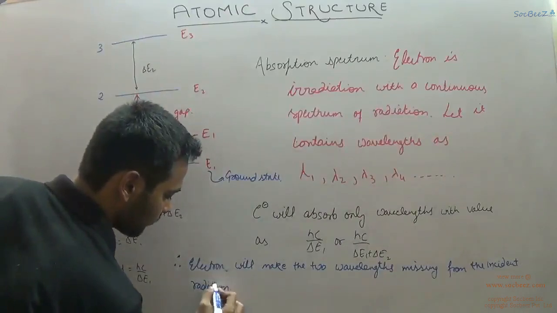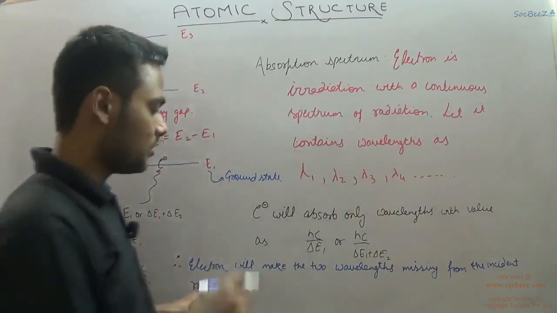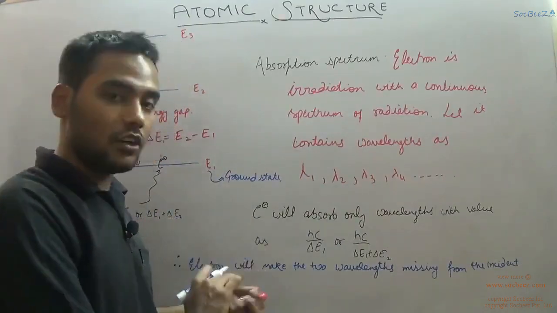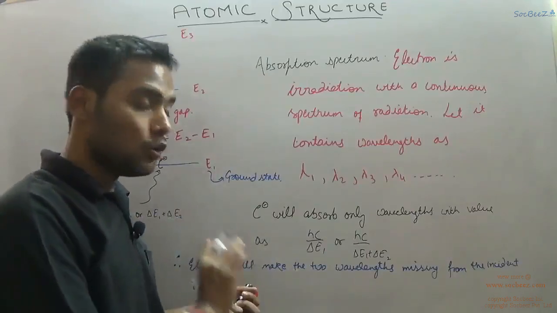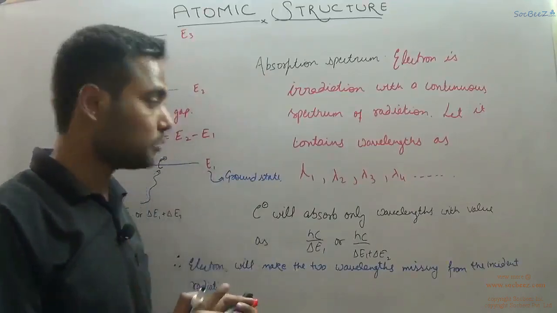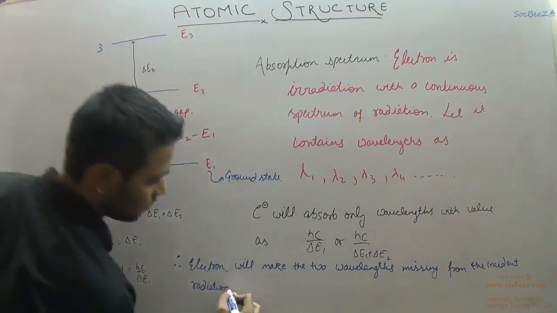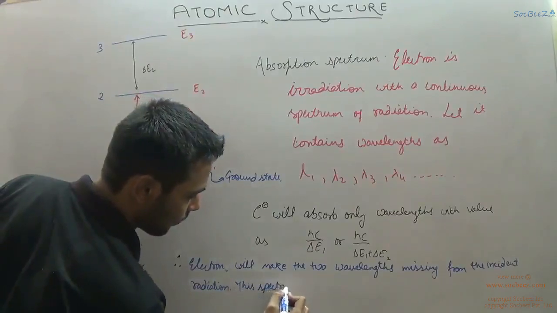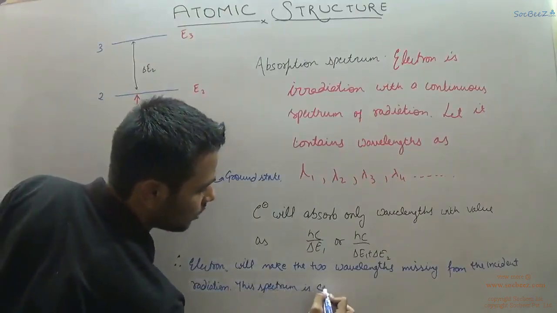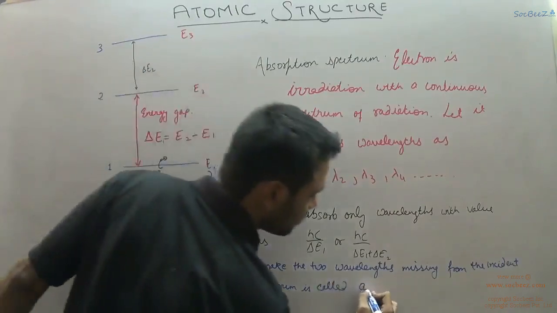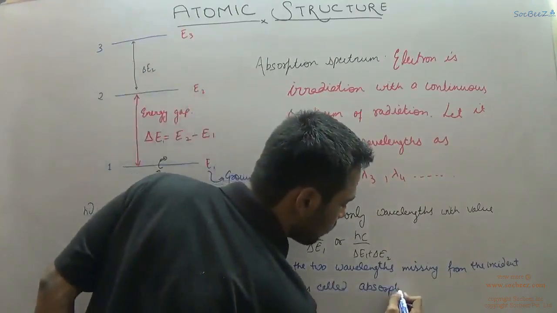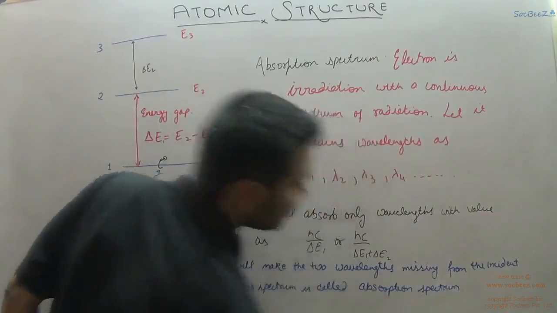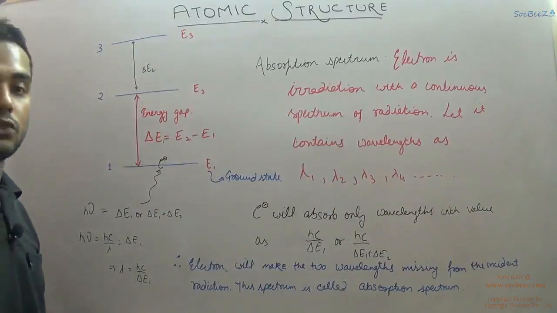From the wavelengths that are missing, a band or a spectrum is generated. Those spectra are known as absorption spectrum. This particular spectrum is known as absorption spectrum.